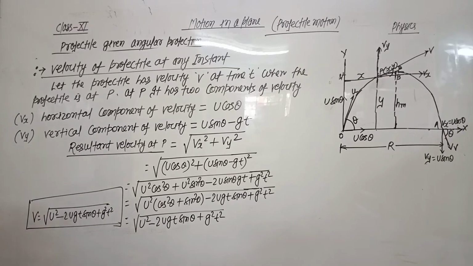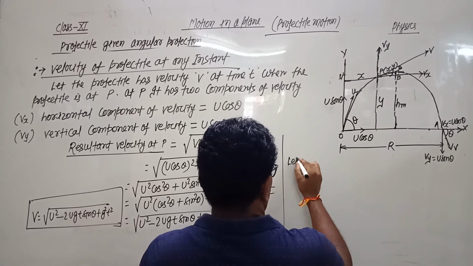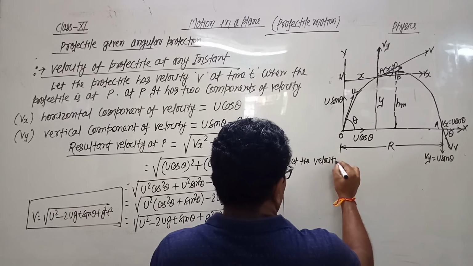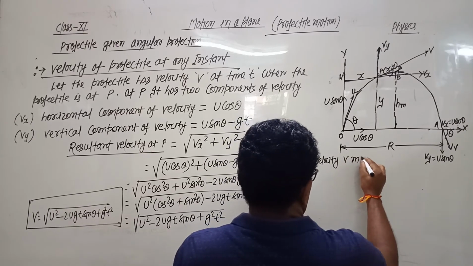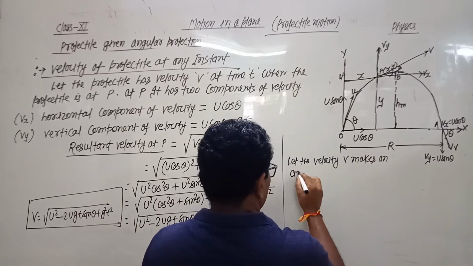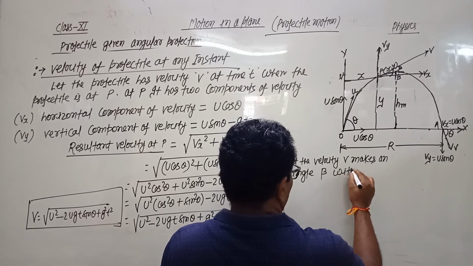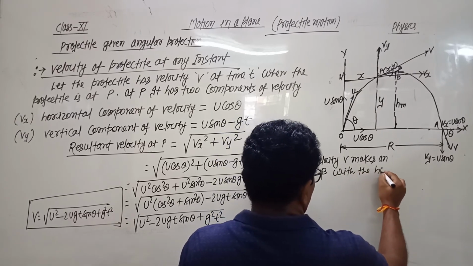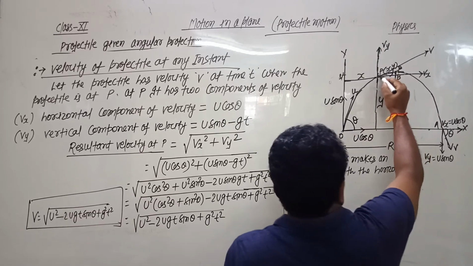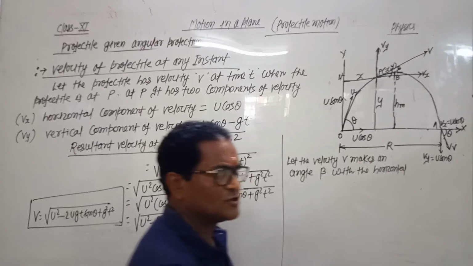Now let the velocity v make an angle beta with the horizontal.